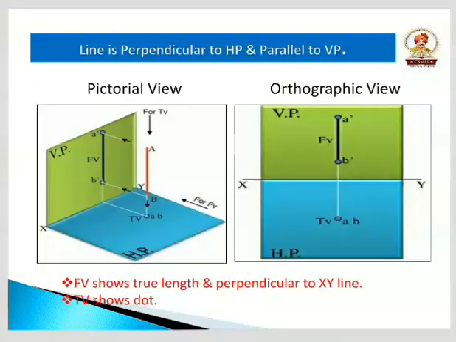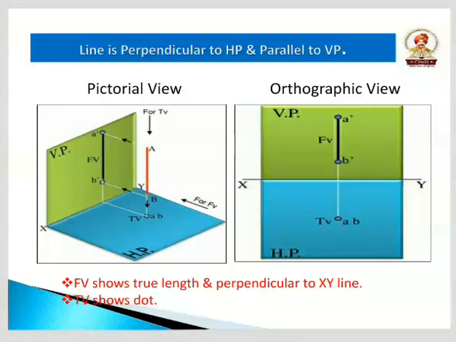Now we will discuss them one by one. Line is perpendicular to horizontal plane and parallel to vertical plane. In that case, the red color line AB is a vertical straight line, which is perpendicular to horizontal plane and parallel to vertical plane, shown in pictorial view.